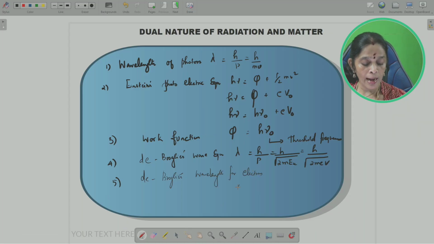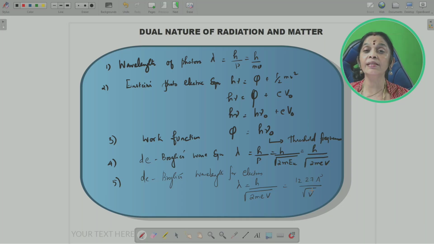For an electron, lambda is equal to h by root of 2meV. When I substitute the mass of the electron and charge of the electron, that comes to 12.27 angstrom by root V. This is the standard equation and the value is constant.